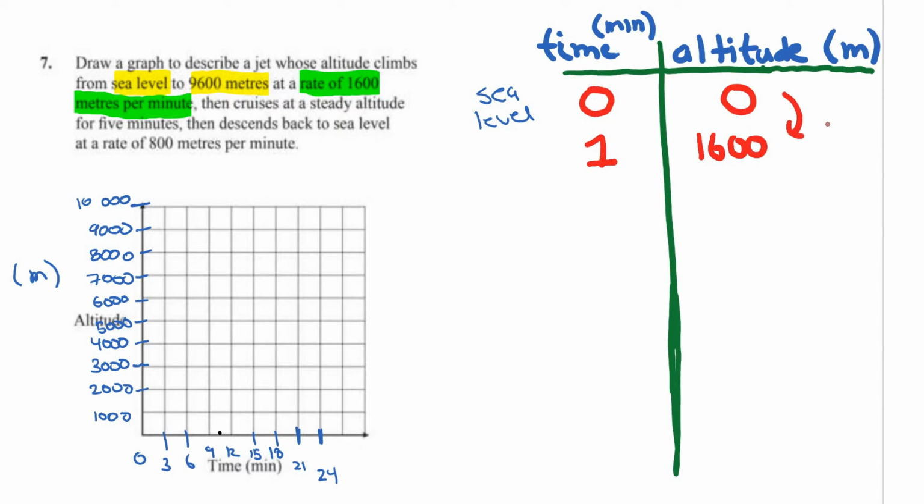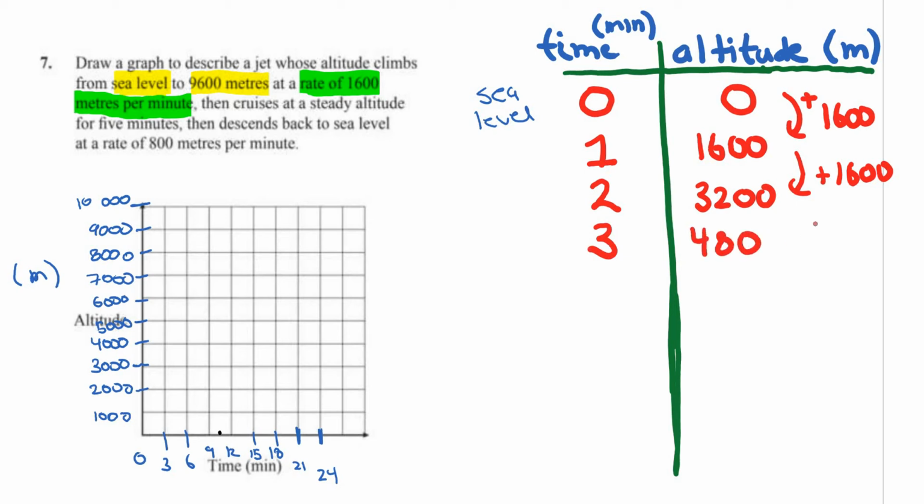Then after 2 minutes, since we're going up by 1,600 meters, we are at 3,200 meters. Then after 3 minutes, we are at 4,800 meters. So we're just adding 1,600 meters every minute.